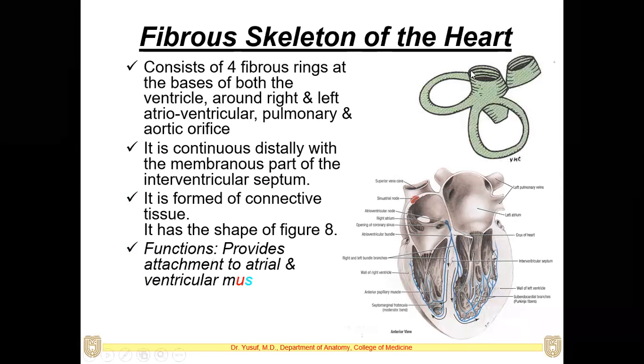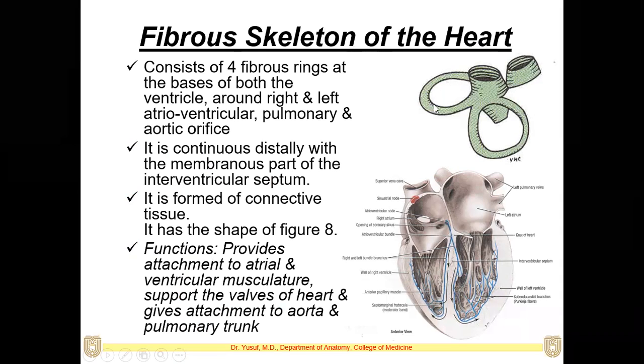If you see here, this is the opening. These are the orifices, and around that is the fibrous ring. This is the right atrioventricular orifice. Here will be the left atrioventricular orifice. Around that there is a fibrous ring, and around the pulmonary as well as the aortic orifice openings also.